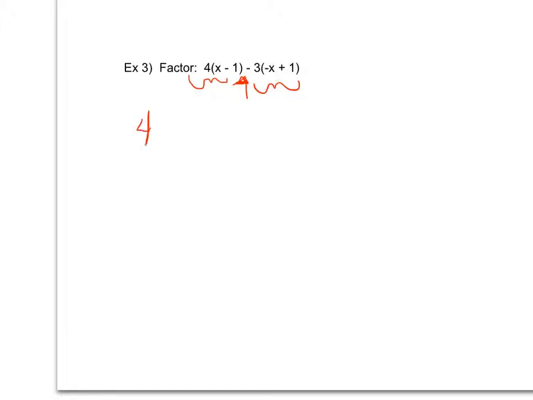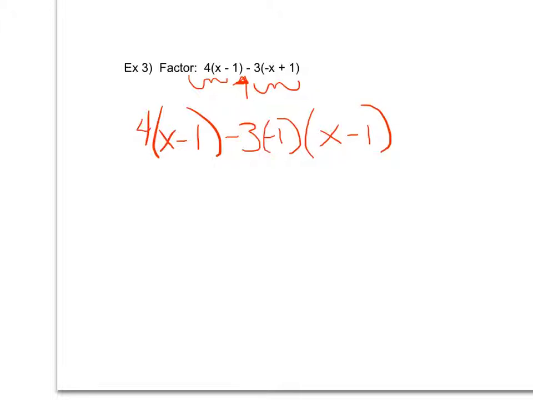So I'm going to go ahead and leave the 4 times x minus 1, leave the minus 3, and remember when I factor out a GCF, I pull it out front, so I'm going to put the negative 1 in parentheses to show that it's negative 3 times negative 1 now, not negative 3 subtract negative 1. When I take the negative 1 out, negative x divided by negative 1 is x. Positive 1 divided by negative 1 is minus 1.